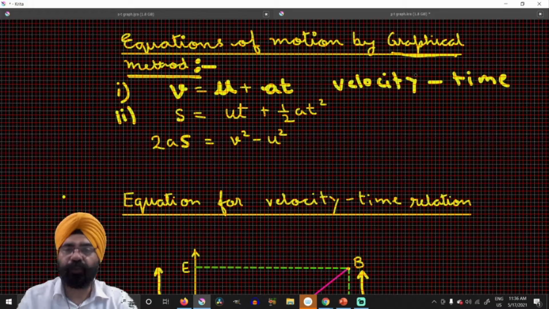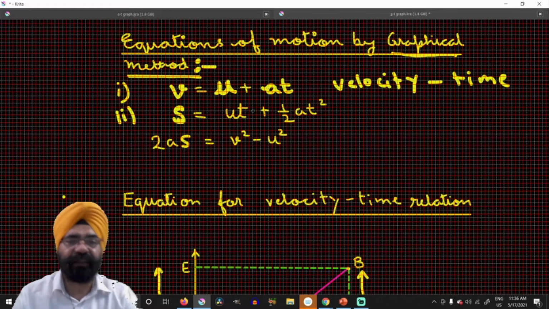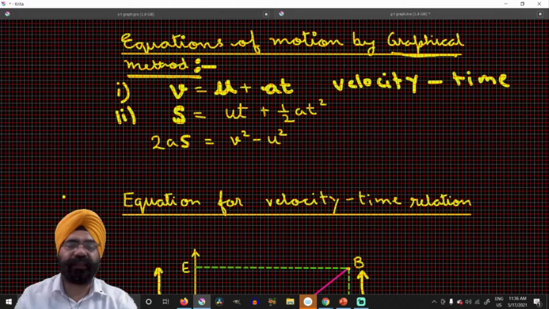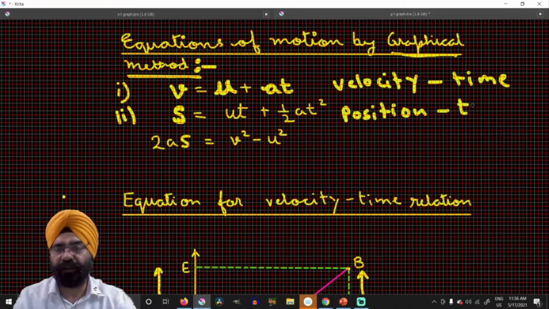Clear, everyone? Suppose that this body covers distance s during this time. Then I can find the distance using the second equation, which is known as the position time relation. Position is the distance s or the displacement.